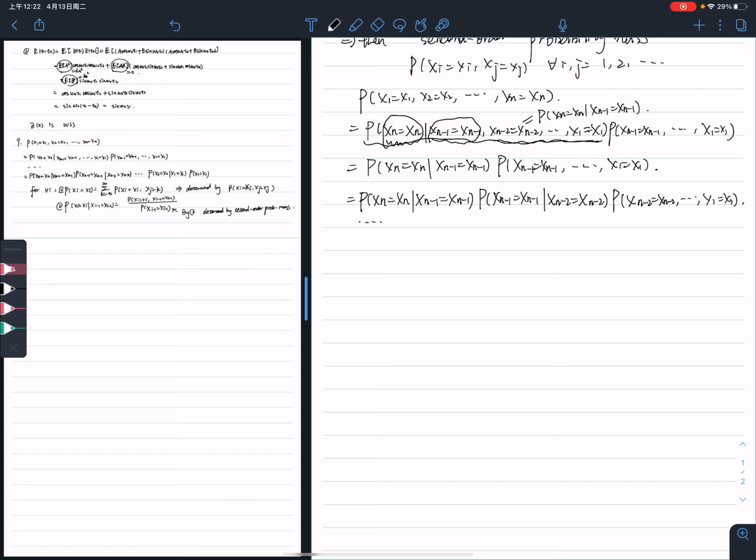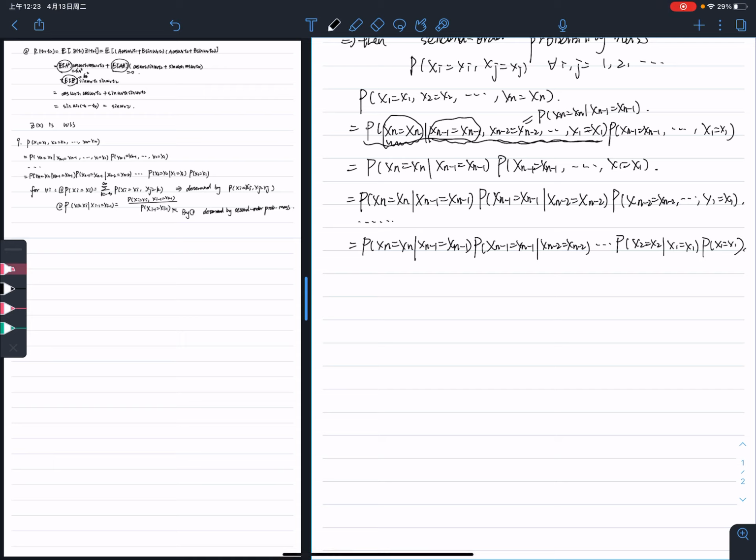So therefore, by iteration, it should be equal to P(Xn = xn | Xn-1 = xn-1) times P(Xn-1 = xn-1 | Xn-2 = xn-2) and so on, times P(X2 = x2 | X1 = x1) times the probability of X1 = x1.